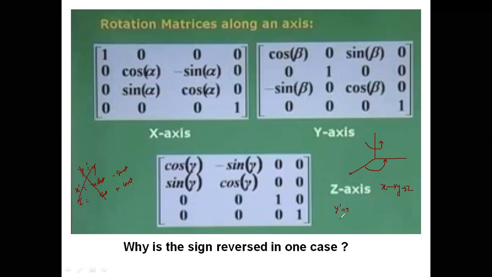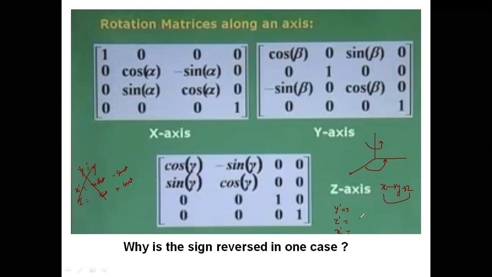Then after y comes z, then we have z to x. In this order we will write: x y z and then z to x, x y z, like this. So we will write in this manner: y dash, z dash, x dash.